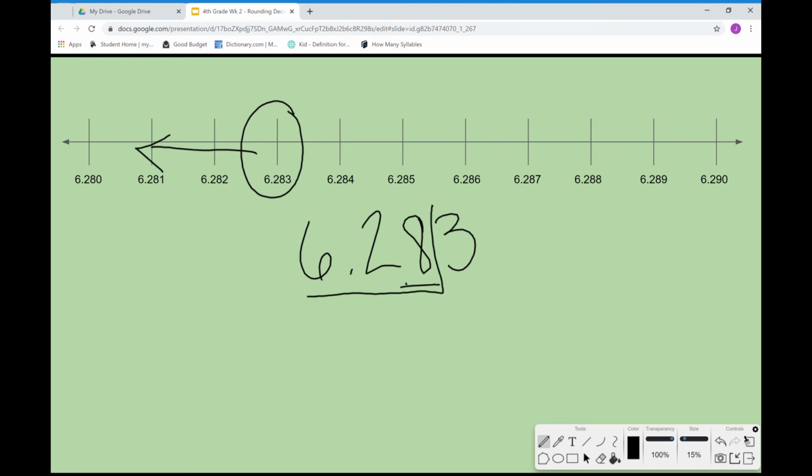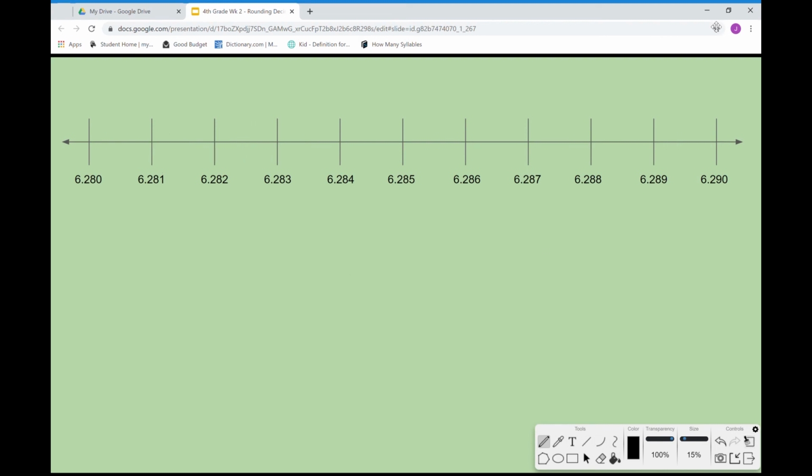Since the 8 is in the hundredths place, we are going to look to its right. Since 3 is smaller than 5, our number rounds down. So 6 and 283 thousandths rounded to the nearest hundredth is 6 and 28 hundredths. This concludes our lesson.